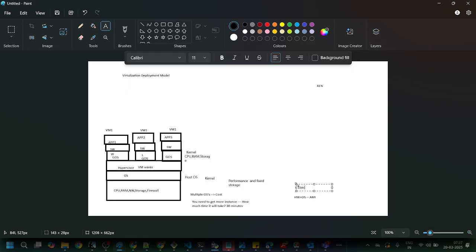Earlier it used to take 30 minutes to get our application to run. Now, if you want to install your OS, it will take 1 second to get your OS up and running. Your OS means an instance, up and running in 1 second.